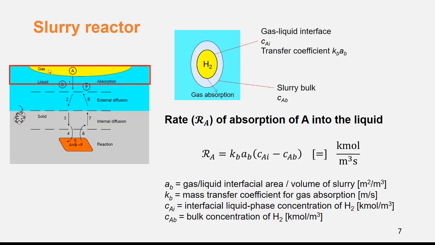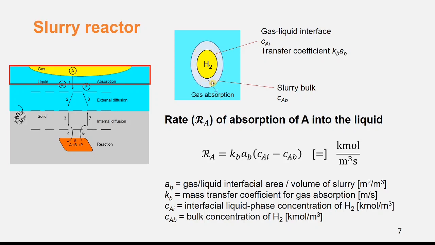Starting with step 1, the gas absorption, species A dissolves into the liquid phase and is at a concentration of CAI at the interface between the gas and the liquid, and is in equilibrium with the gas phase. A then needs to diffuse into the bulk liquid phase. So the concentration of the bulk liquid phase is CAB, through the stagnant film around the bubble.